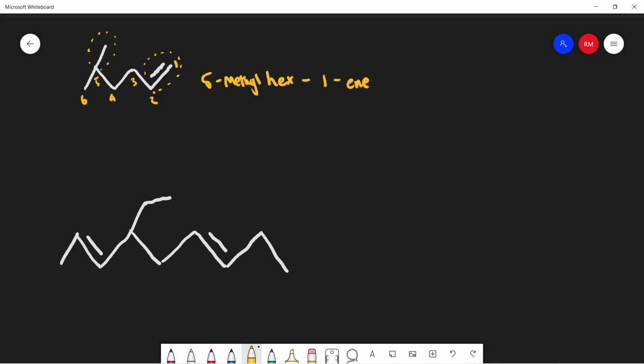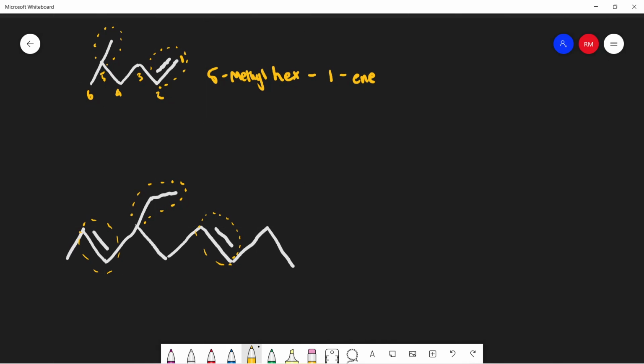So starting off, you can obviously see we have an ethyl group here this time, an alkyl group, and we have a double bond here and another double bond there. So let's start from the closest double bond, which is obviously this one this side.